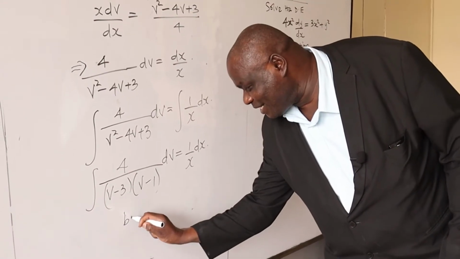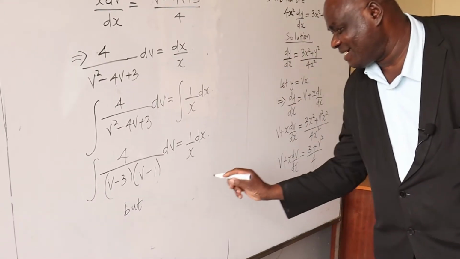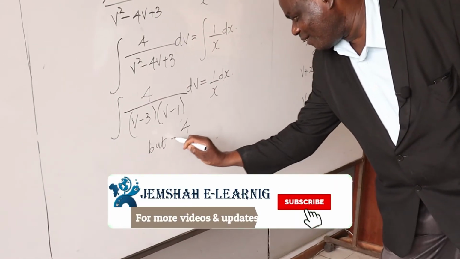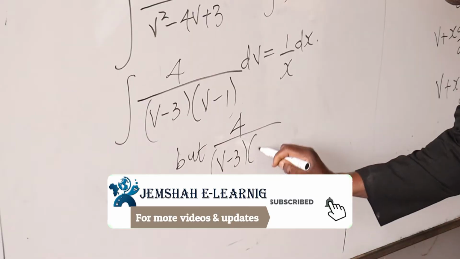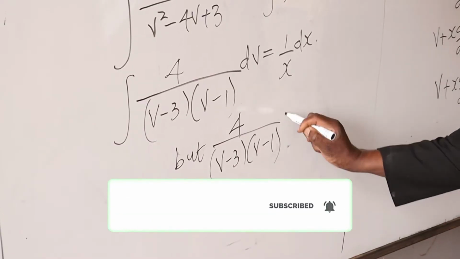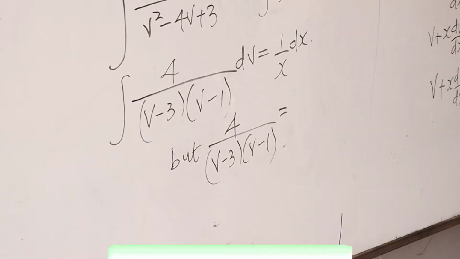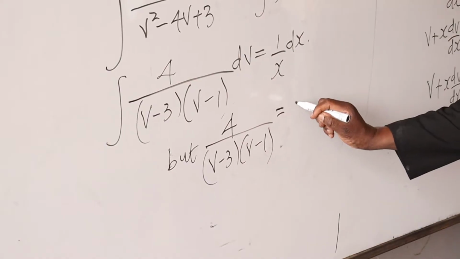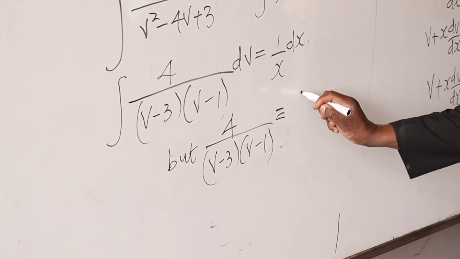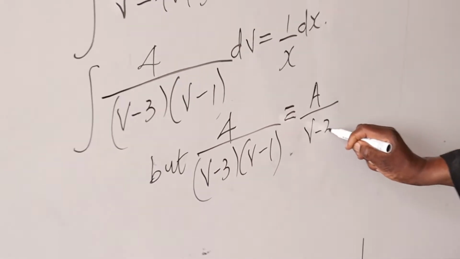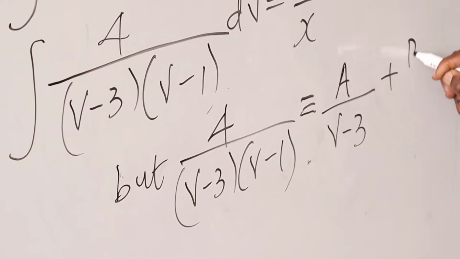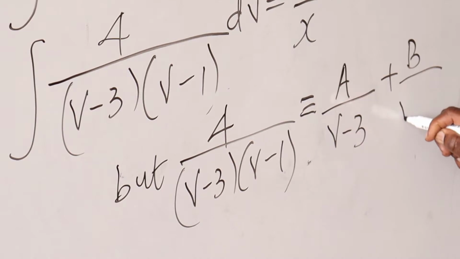Now we can branch a bit and say, 4 all over v minus 3 into v minus 1 is equal to what? This one will be equivalent to a constant A all over v minus 3 plus a constant B all over v minus 1.